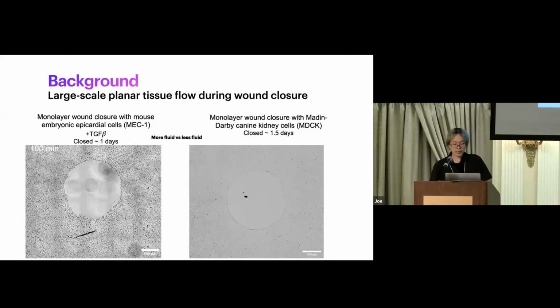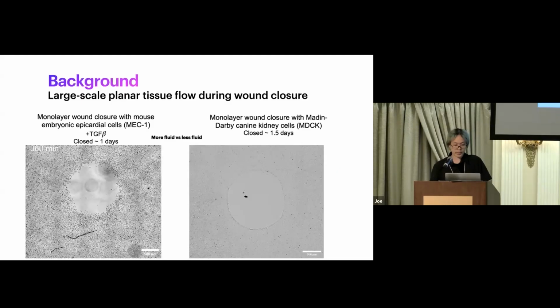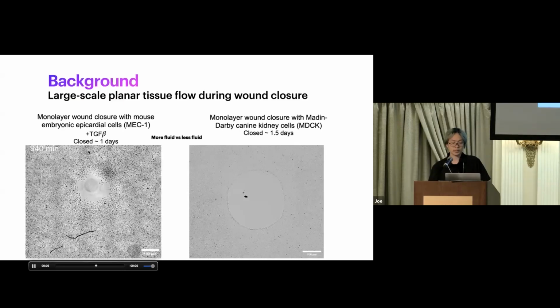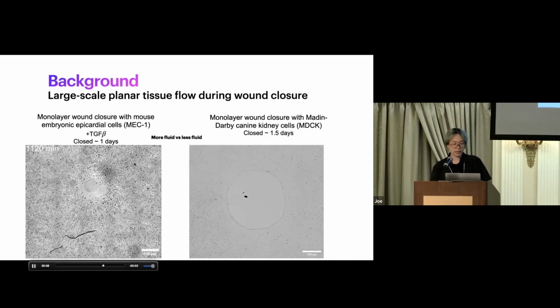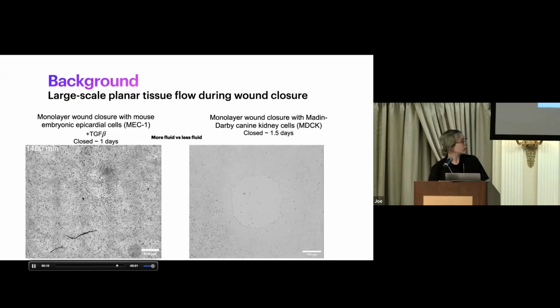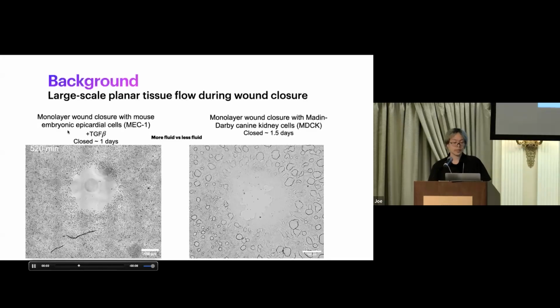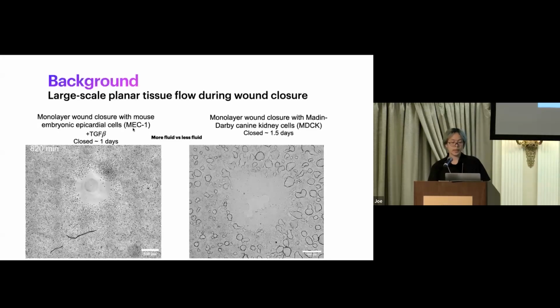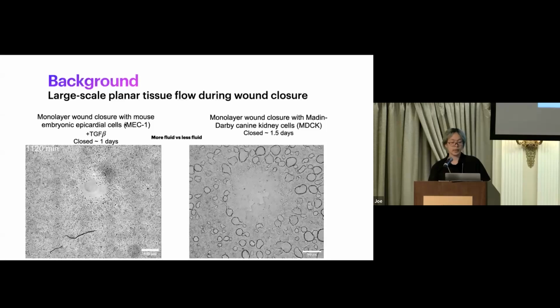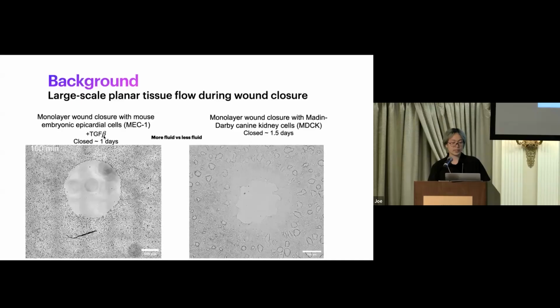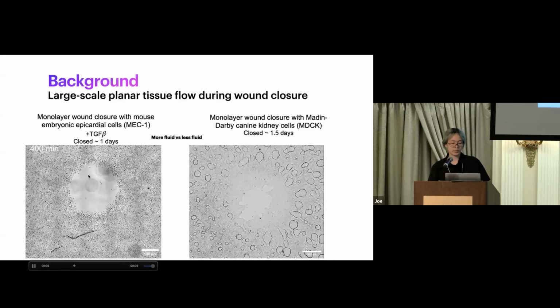So here I would like to ground our modeling in large-scale planar tissue flow during wound closure. I have the video here. On the left is the monolayer wound closure on MEC1, which is the mouse embryonic epicardial cells, and we also have TGF-beta on the cells as well.